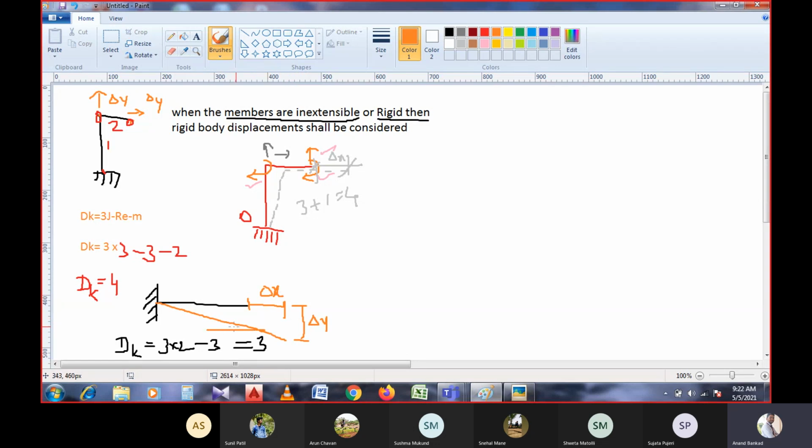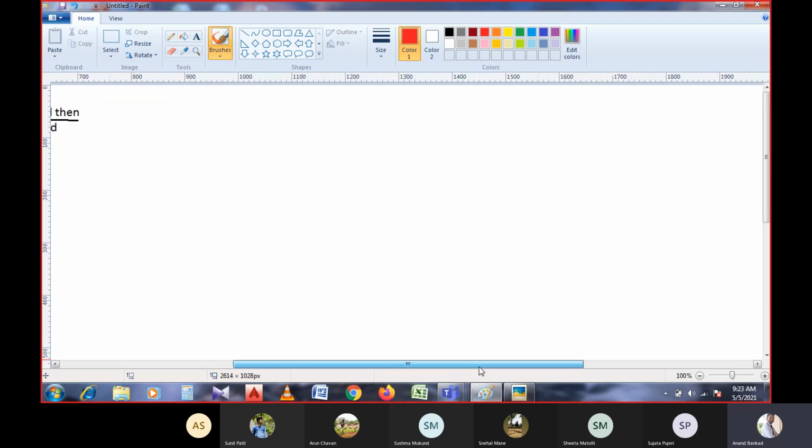Along with this, we have already observed the moment, that is the theta value. That is another degree of freedom we have observed. Apart from these three, we don't observe any other movements in the particular member. That means we have observed 3 degrees of freedom: in the y direction, in the x direction, and the moment in the z direction, right? Is that clear to you how the degrees of freedom are calculated for structures? Yes, sir. Right? So along with this, let us have some more problems to discuss the degrees of freedom.